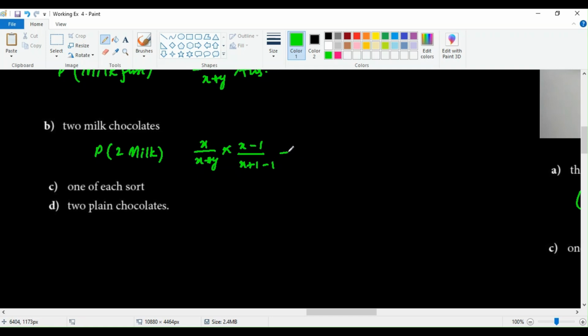So finally, when we simplify this, we get x minus 1 divided by x plus 1 and multiplied by x plus y minus 1. This is going to be the final answer for this part of the question.